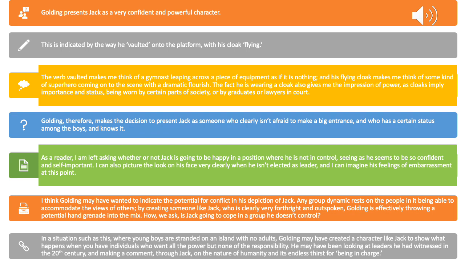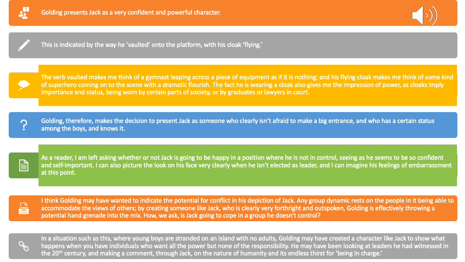I can also picture, that's my second verb, the look on his face very clearly when he isn't elected as leader. And I can imagine, that's my third verb, his feelings of embarrassment at this point. So I've given three effects on the reader. I've given what I ask, what I picture, and what I imagine.